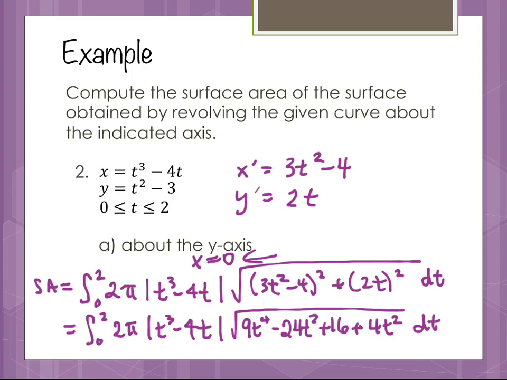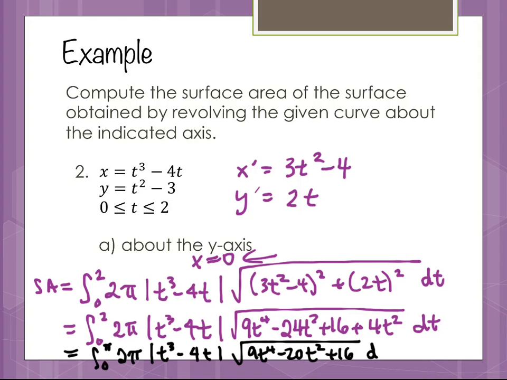And part of this will simplify inside there. Not a lot of it, obviously, but a little bit. So what am I going to get under the radical? 9t to the 4th minus 20t squared plus 16 dt.